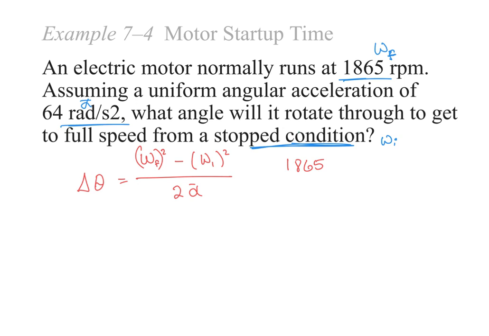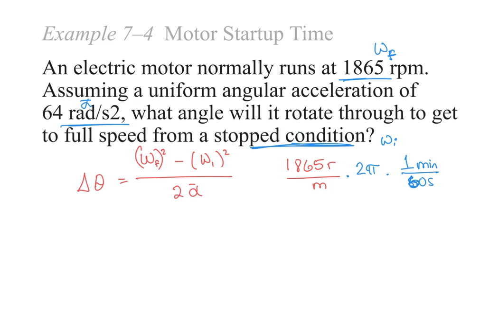So before I do anything, I need to take this rotations per minute and I need to convert it to radians per second, which means every rotation is one circle. In radians, that is what? 2 pi. I am in minutes. I need to be in seconds.